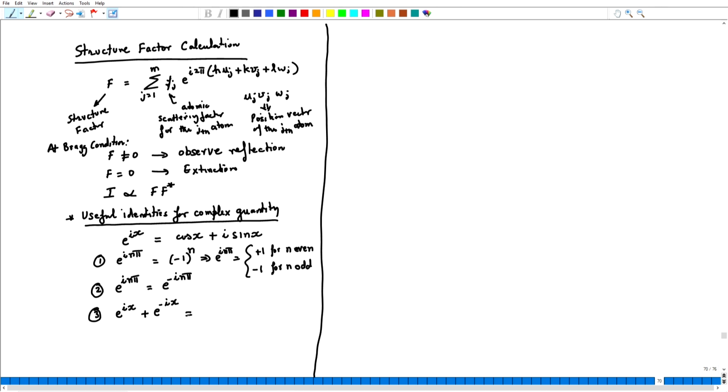You just have to add up, in one case cos x, sin x, in another case cos of minus x, sin of minus x. Very clearly, cos of minus x is cos x, sin of minus x is minus sin x, hence the imaginary term will cancel out and we will be left with 2 times cos x. So, keeping this in mind, let us now proceed to example 1.